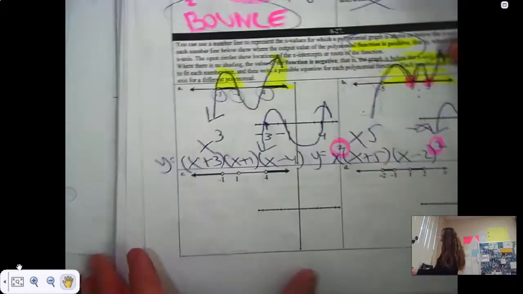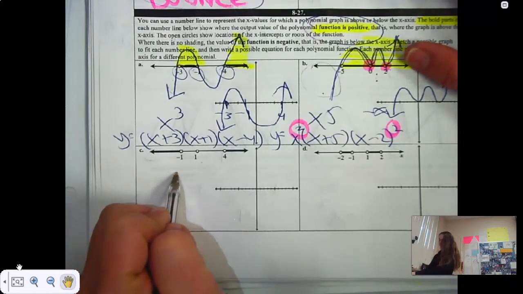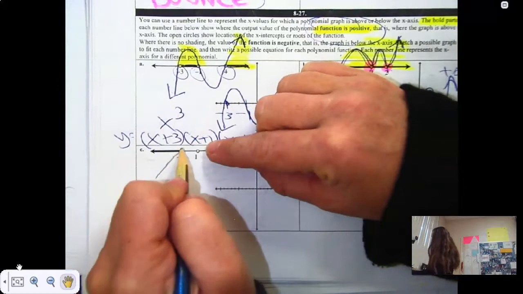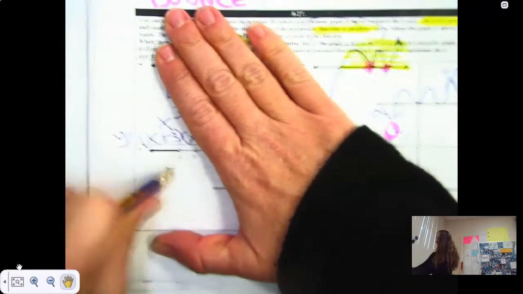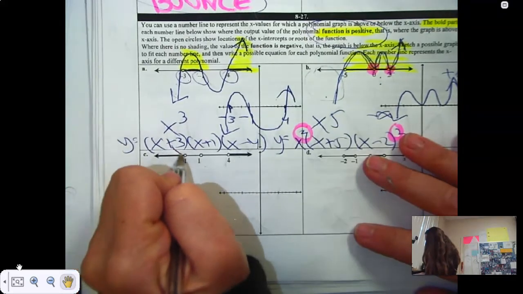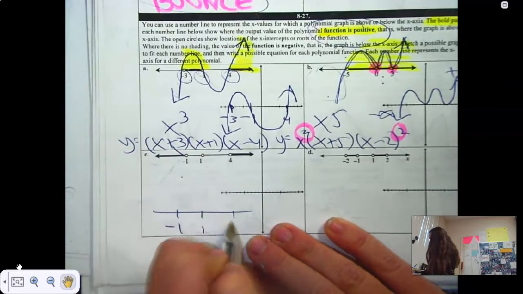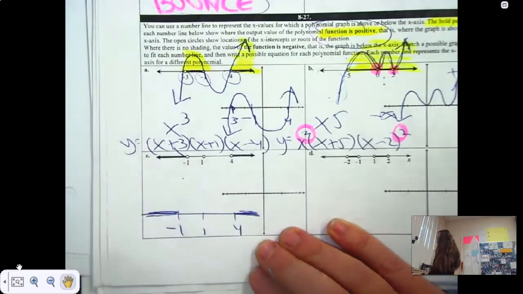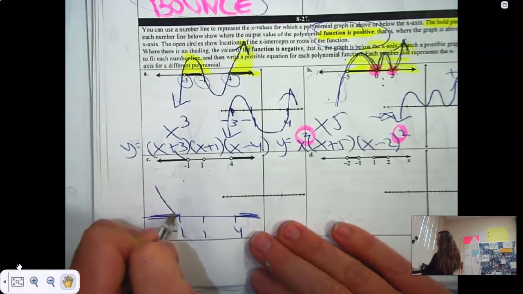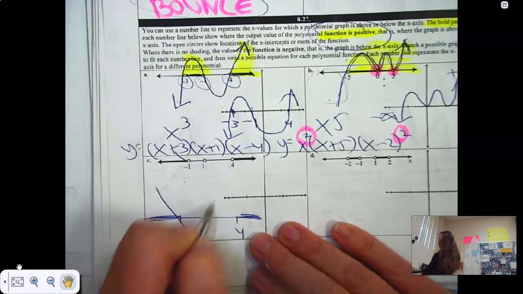Okay, let's try this next one. This time I'm not going to start down here, because if I start down here, everything over here, so if I was like this, all that would be negative. So I'm actually going to start up here. And I'm going to go, I didn't do a good job here. -1, 1, 4, colored in, colored in. Okay, so it's going to be positive until we get to -1. And then do we go through it? No, because then it would be positive.